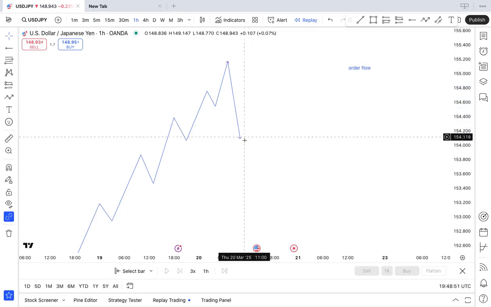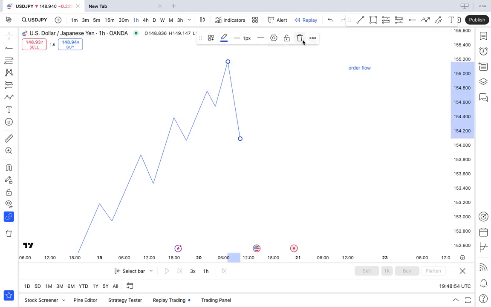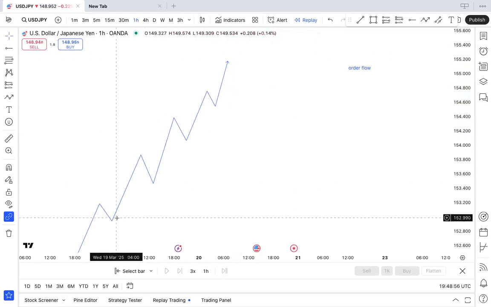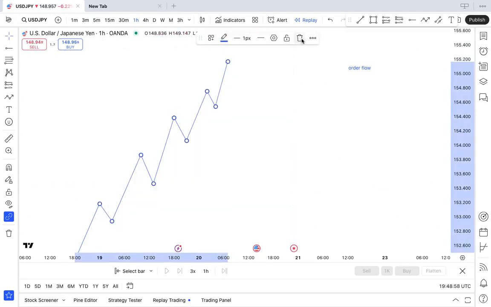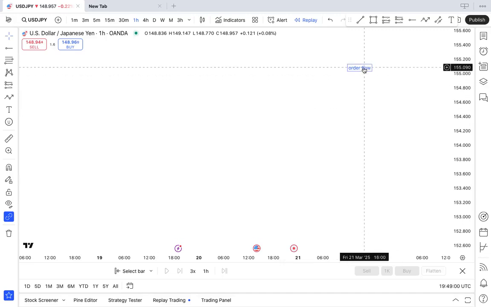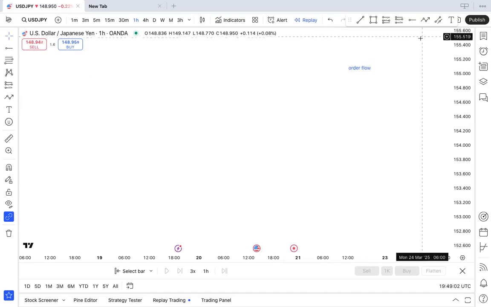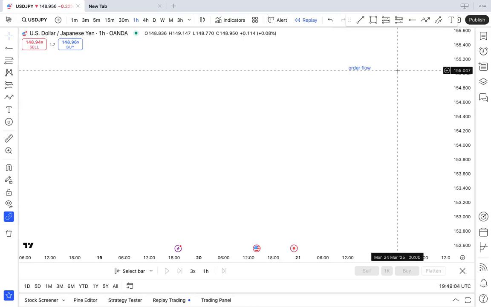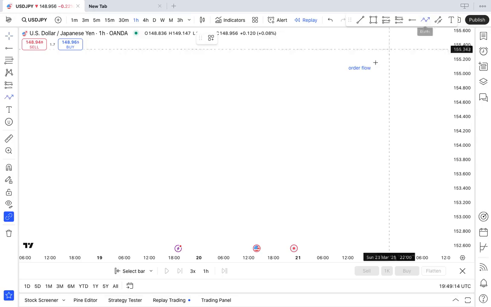Okay. So first let me re-explain before going to that. When it comes to order flow, it is all what you need to follow when you are about to decide which area of liquidity you are going to take. Before even confirming an area of liquidity, you have to first look at the order flow.